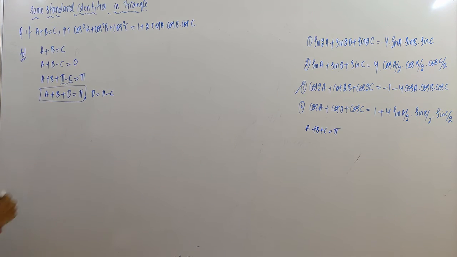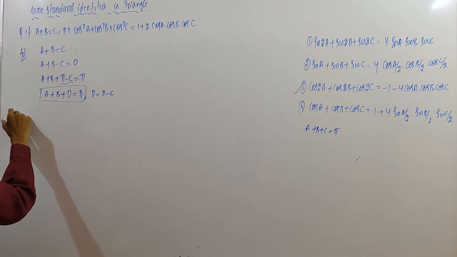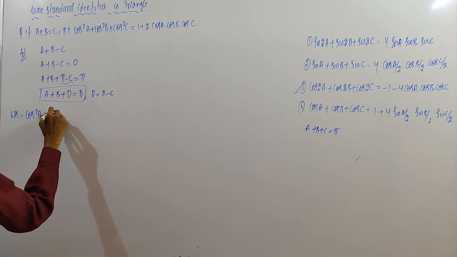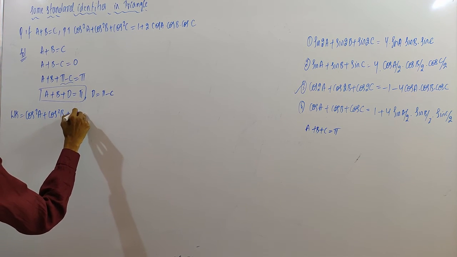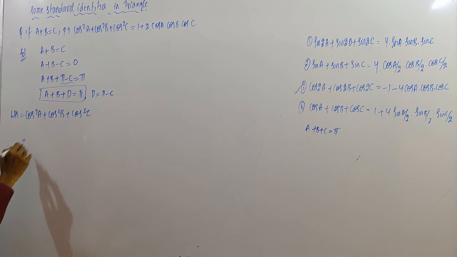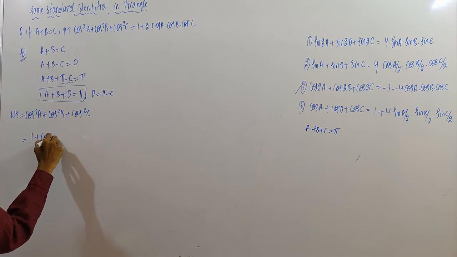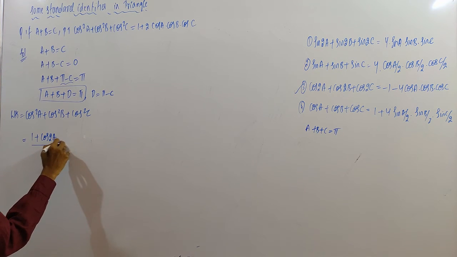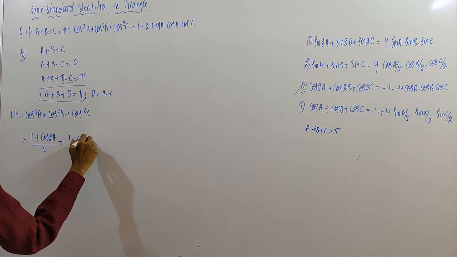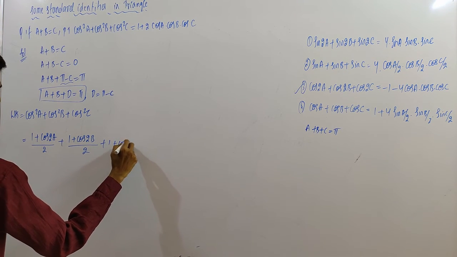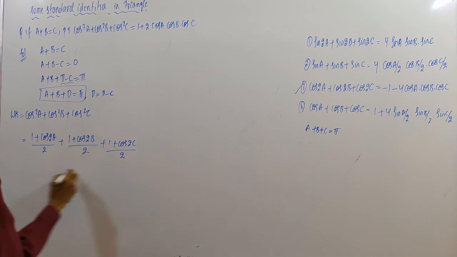Now we got the relation A plus B plus D equal to pi, similar to this. Now take this LHS, cos square A plus cos square B plus cos square C. Now cos square theta is 1 plus cos 2A by 2 plus 1 plus cos 2B by 2 plus 1 plus cos 2C by 2.